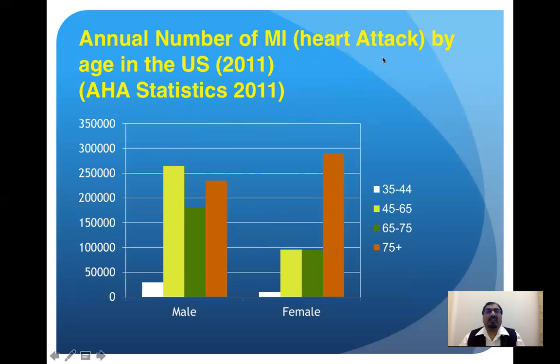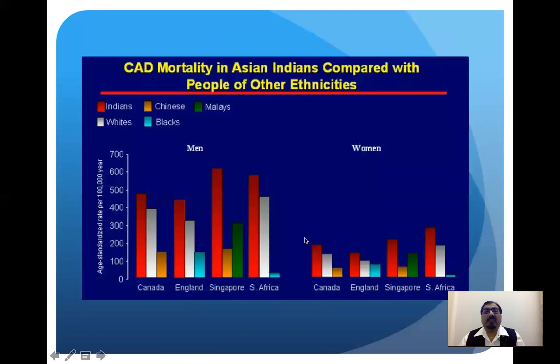On annual number of heart attacks by age in the US, this is the AHA statistics, American Heart Association, and you see that the disease is increasing in females after postmenopausal age, whereas in premenopausal age, males are more affected as compared to females.